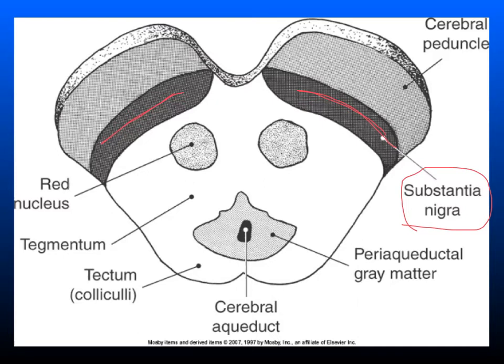So if that portion of the midbrain is damaged, or for some reason it's not producing enough dopamine, the patient may have Parkinson's disease. The opposite of Parkinson's disease is another disease called schizophrenia, where there's too much dopamine being produced in the substantia nigra, and the patient has obviously completely different symptoms than Parkinson's disease. So the substantia nigra is important to know.